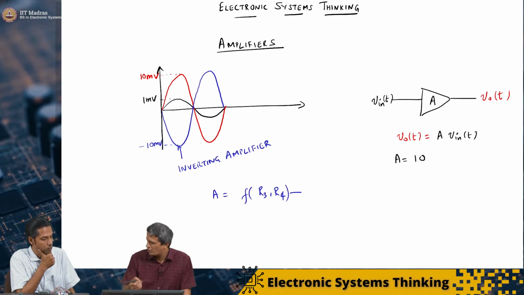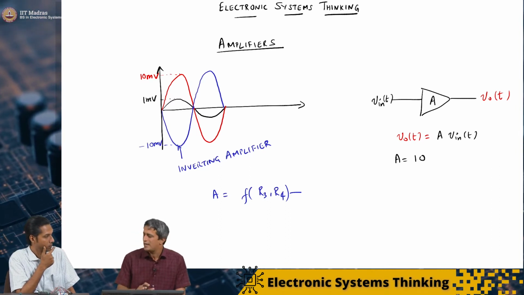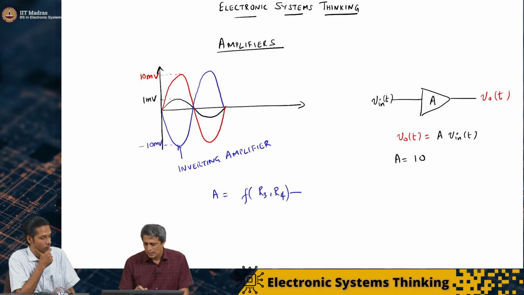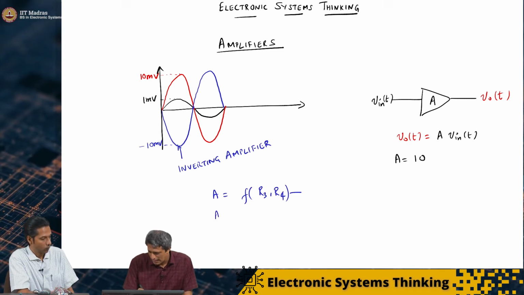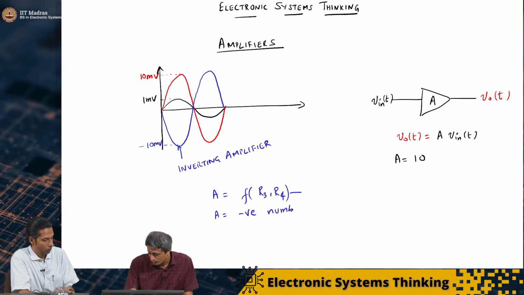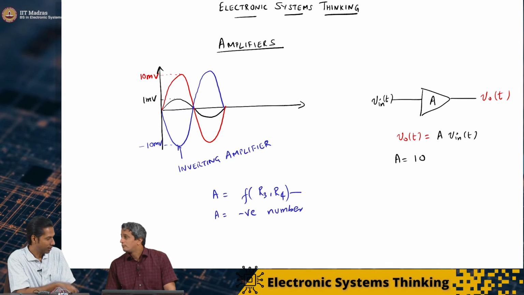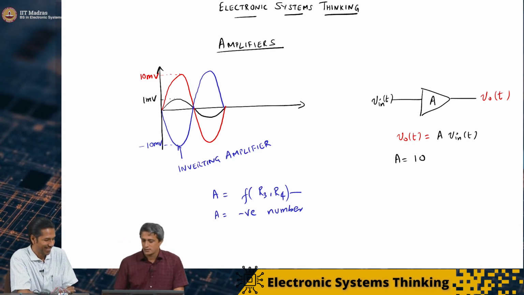We'll not worry about this function. One of the resistors can be tuned and the gain can be controlled. And this A is a negative number. That's how you are getting the inversion. Exactly, so the minus.